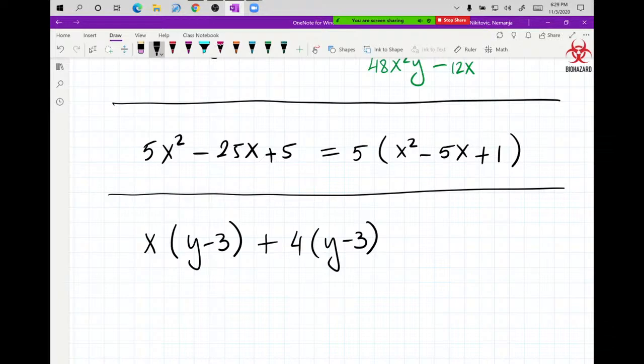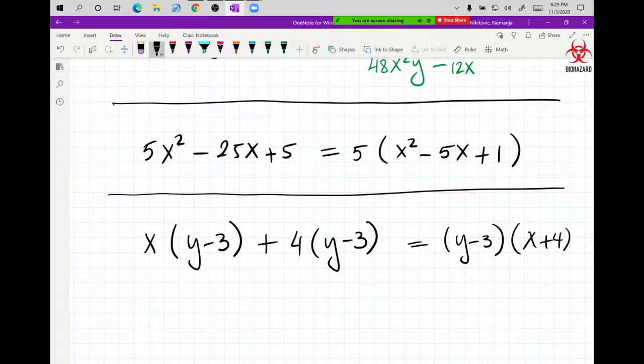Do we all agree that there is something common? Y minus 3. So I need you to see that as a unit, right? And you get to factor that y minus 3 as a GCF. And then the leftovers, which are x plus 4, go in a parenthesis.